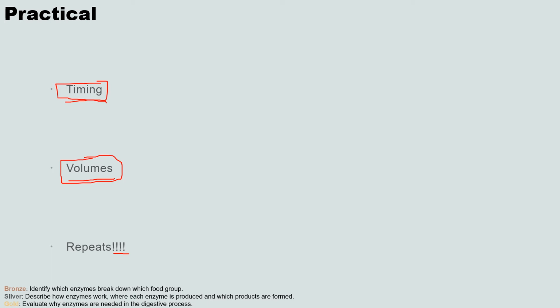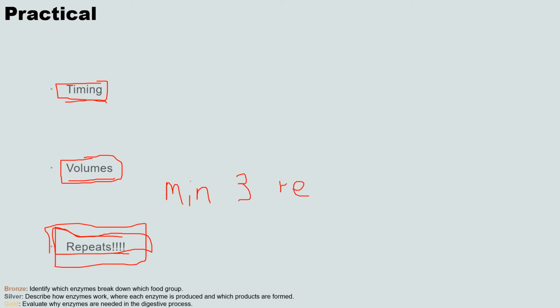And repeats. Now this is the thing that I want to focus on. Repeats are really important in scientific practice, in scientific investigations. So you need to have a minimum of 3 repeats, because then you can identify and remove the anomalous results from your data set, which I will go through in a moment.